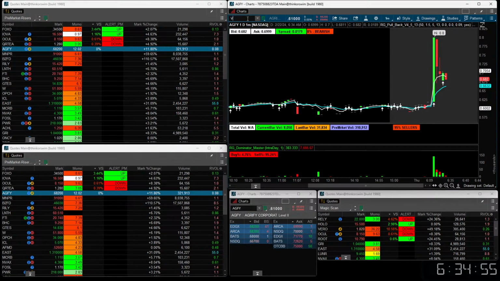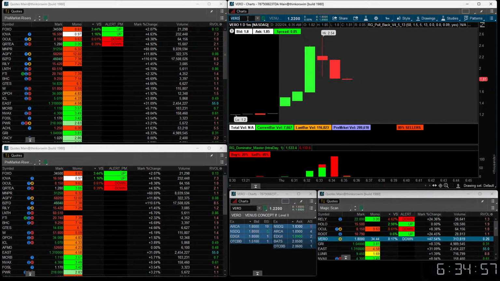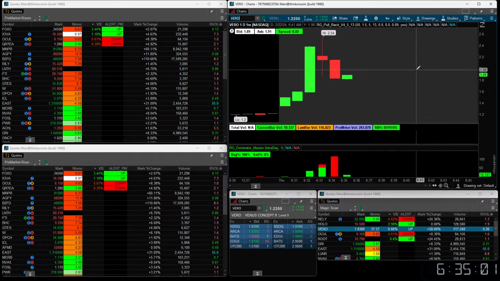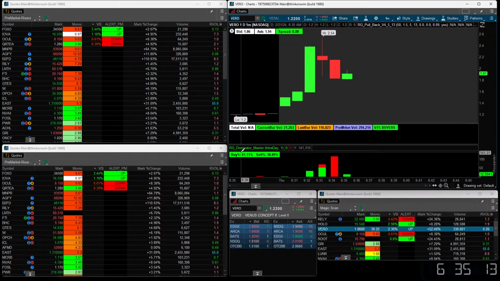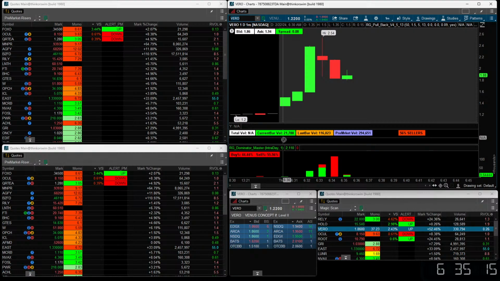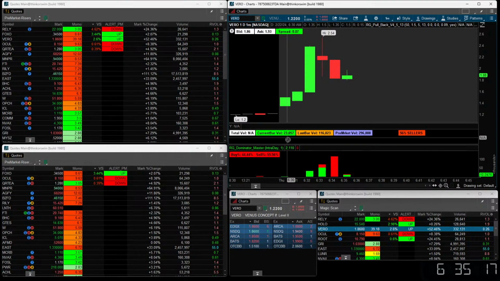VERO. One of them big candle trades. I never really cared for these. Watching the volume here. The volume is quite low.